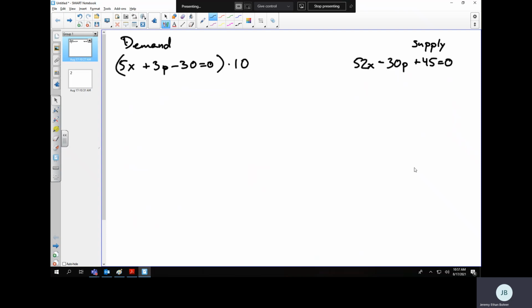That gives me an equivalent equation, 50x plus 30p minus 300 equals 0.